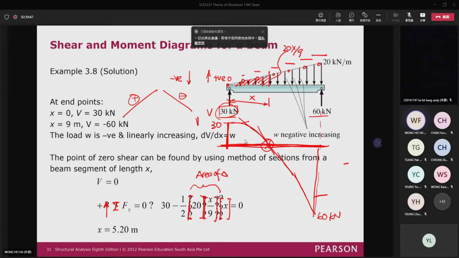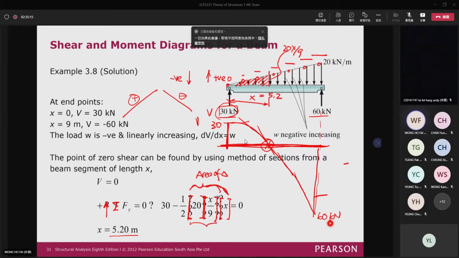That means we want to find a location where the shear force is equal to 0. So this is actually the area of the triangle.